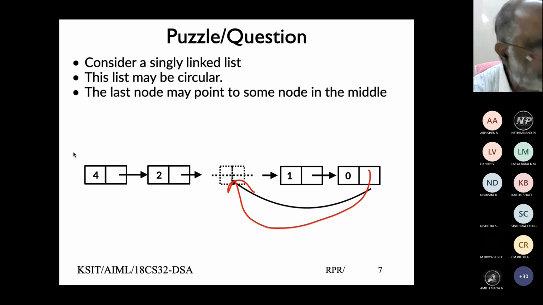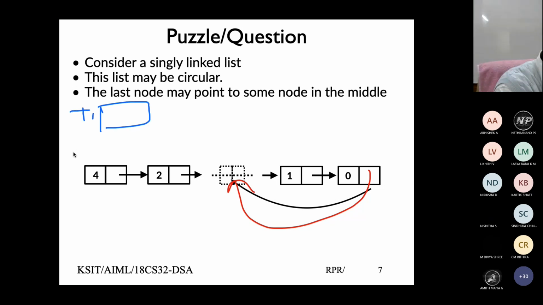Primarily, we maintain two traversal pointers, traversal 1 and traversal 2. At one time, traversal 1 traverses only one node and traversal 2 traverses two nodes.